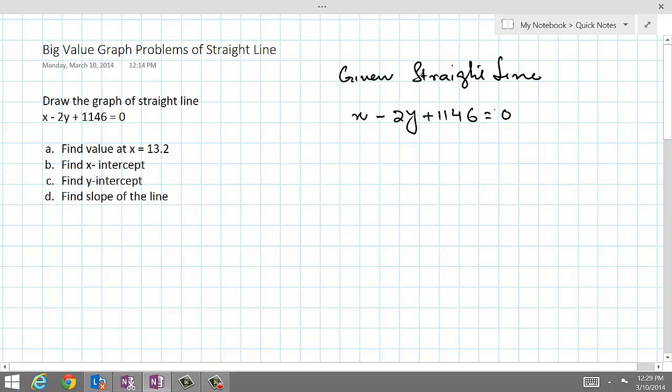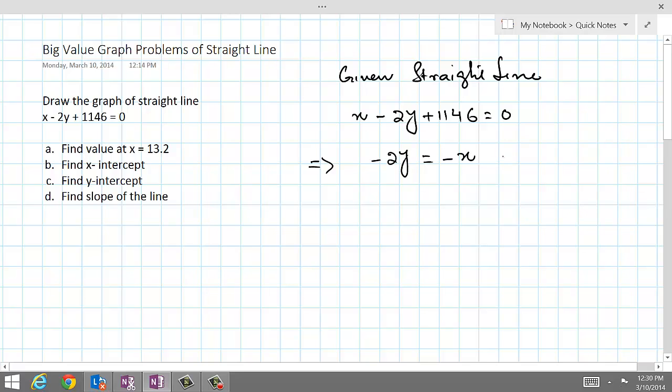If we want to isolate y, we have to move all the terms independent of y on the other side of the equation. If y is on the left side, we will be moving all the terms independent of y on the right side of the equation. Therefore, we will have minus 2y left on left hand side while moving x and 1146 on the other side.